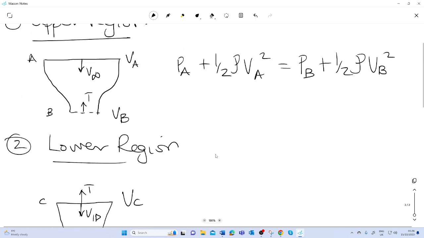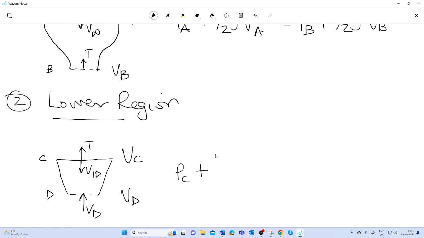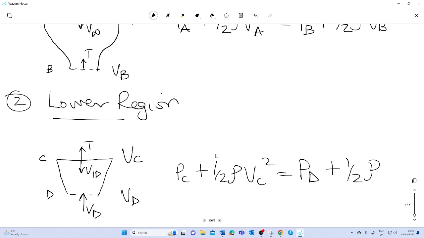Now by applying Bernoulli's equation, just like we did for the upper part, we can deduce that PC plus half rho VC square equals PD plus half rho VD square.